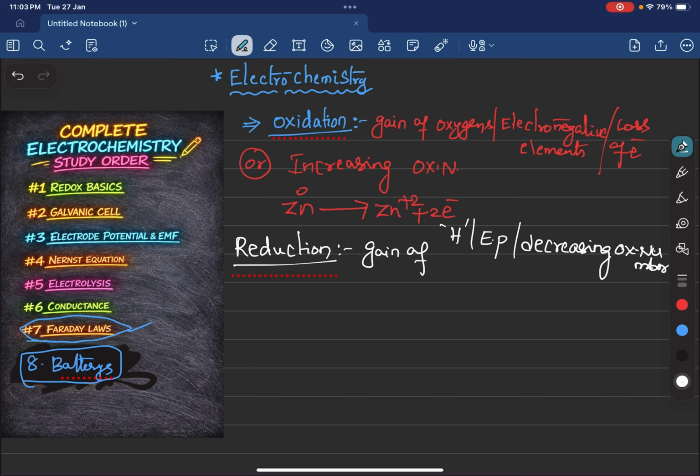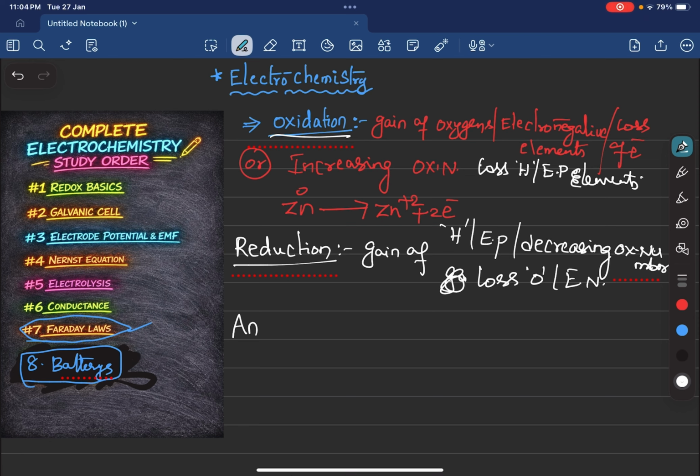We can also add for oxidation that it is loss of hydrogen or electropositive elements. In the same way we can write here for reduction that it is loss of oxygen or electronegative elements. So these are the basic definitions for oxidation and reduction.